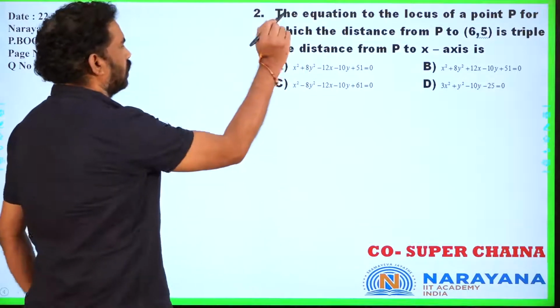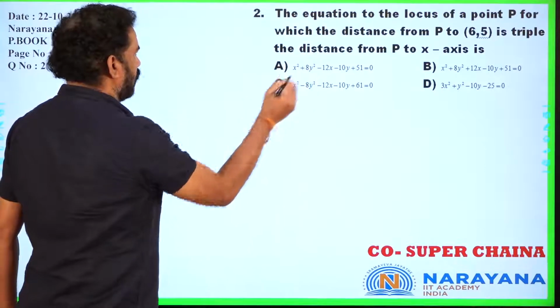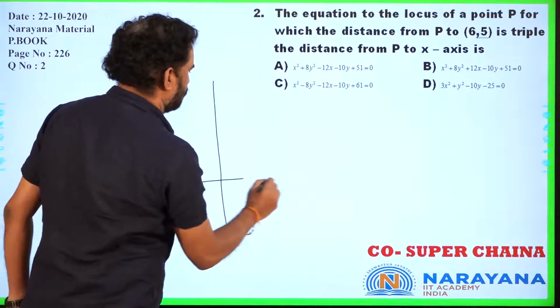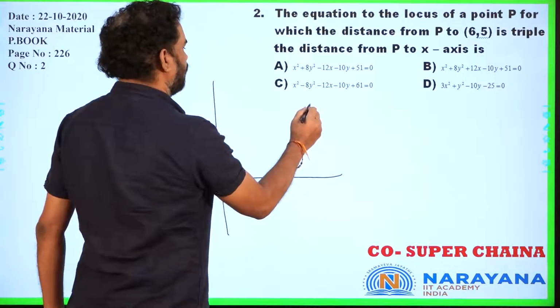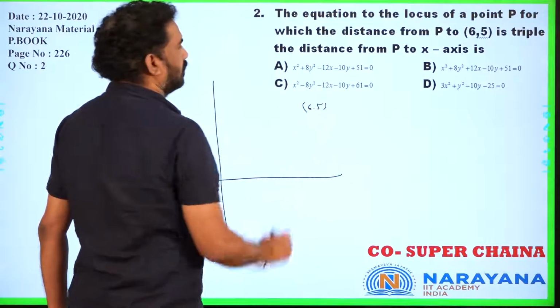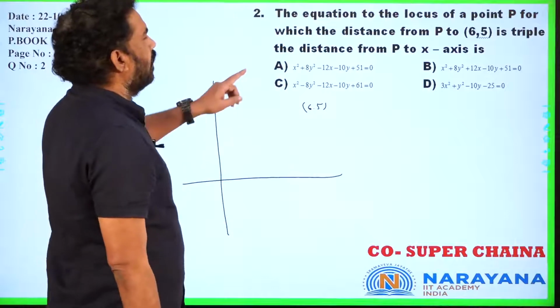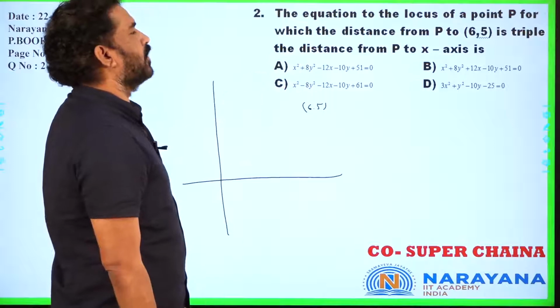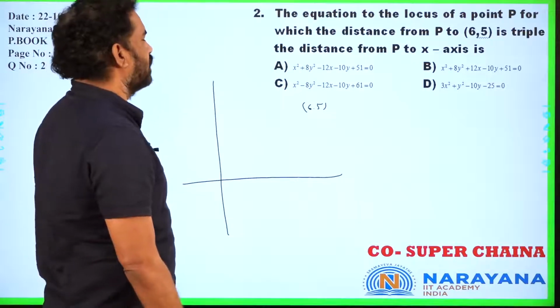Let us take the coordinate point (6, 5). What is given? The locus of the point P, for which the distance of P to (6, 5) is triple.